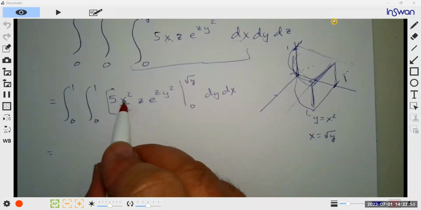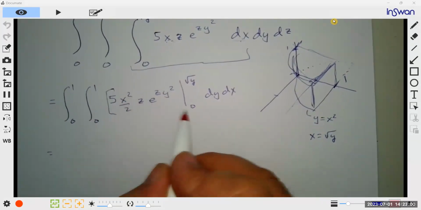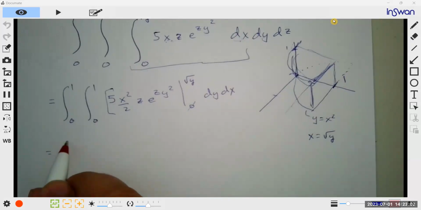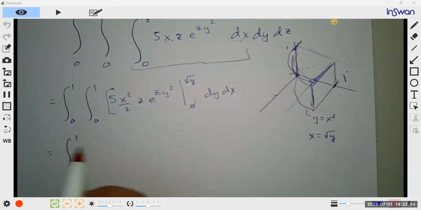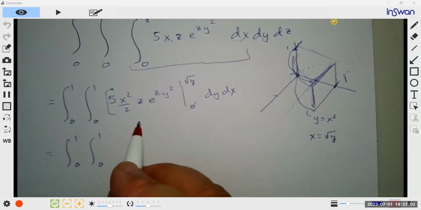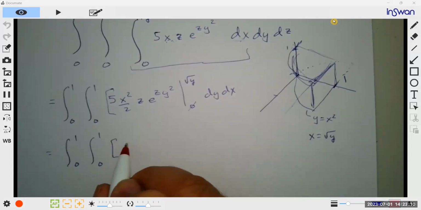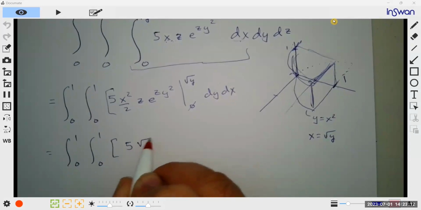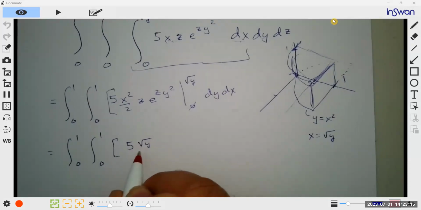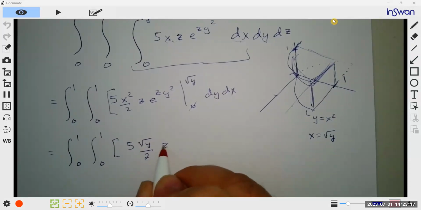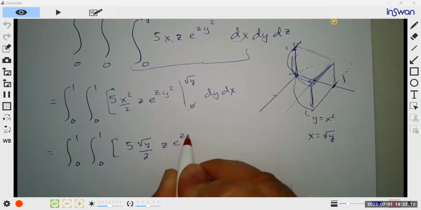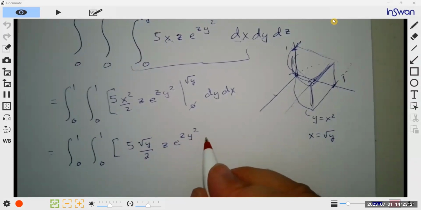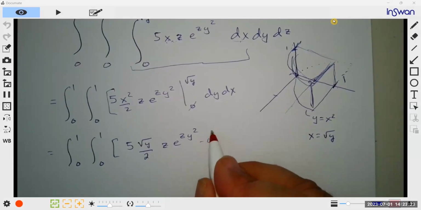Since there's an x at 0, this whole thing goes to 0. So we have 5 square root of y squared over 2, minus 0.